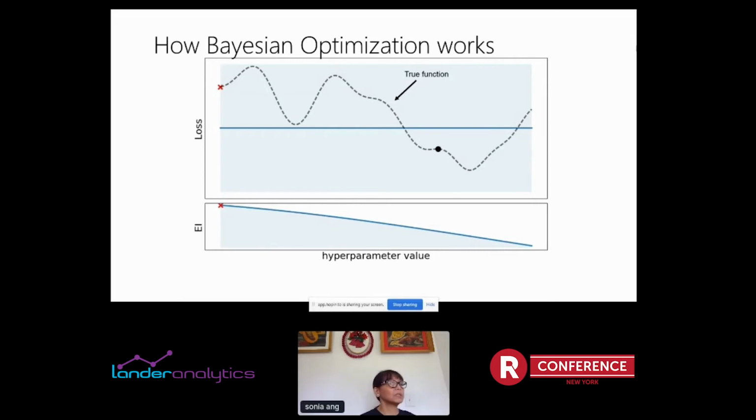So what happens is that Bayesian optimization would build a probability model, or a surrogate model, which is the one here in blue, of the objective function, and use it to select hyperparameters to evaluate the true objective function. Now, this true objective function is a fixed function, designated by this dotted line that you see here.